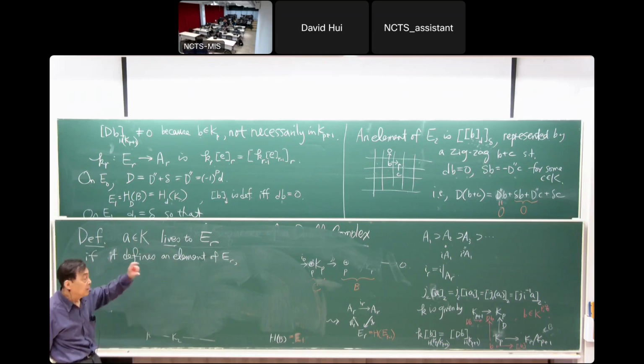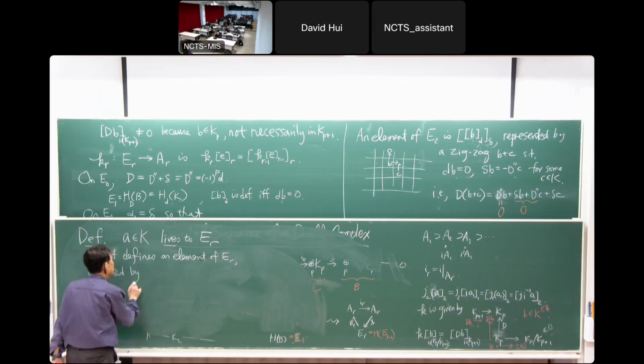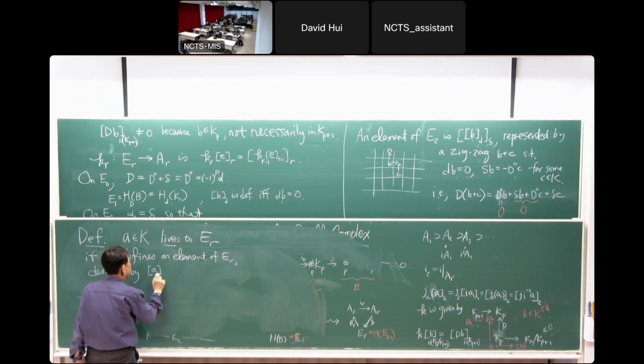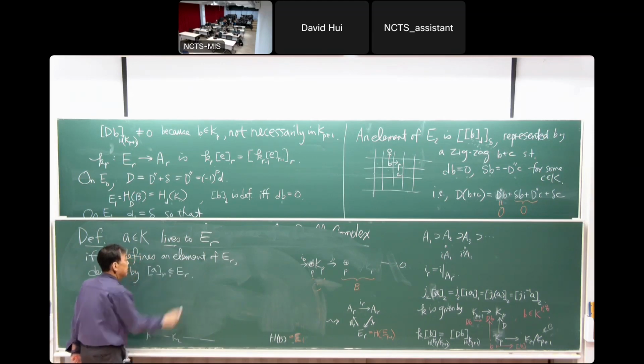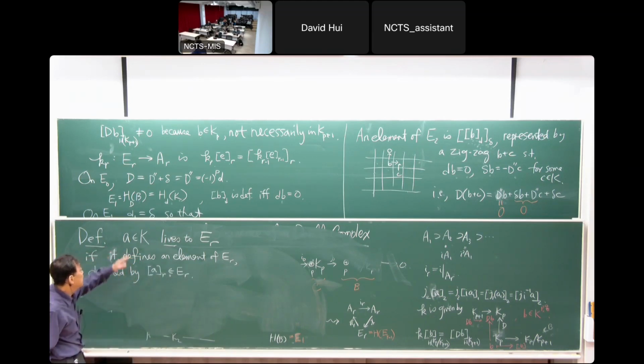It has to be a cohomology class in E1 and then in E2 and E3 and so on. We'll denote it by a_r. So it lives to E_r if and only if this is defined.